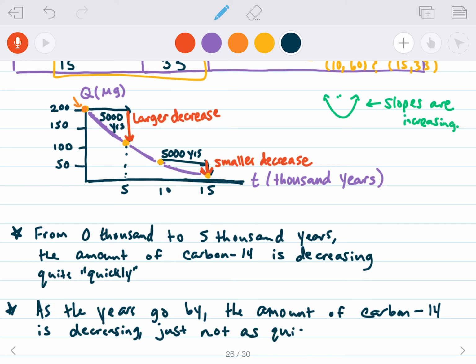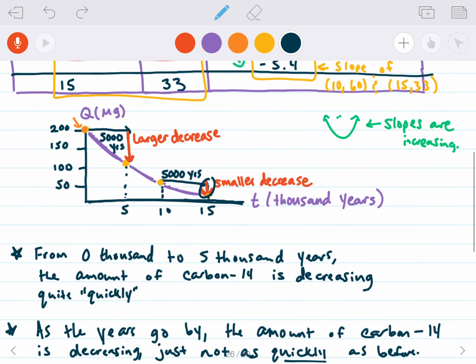This is the key thing here, not as quickly as before. So we can see that from year 10 to year 15, yes, it is decreasing, but the decrease is much smaller than this big drop in the beginning. Okay, so that's what we can say about this curve.